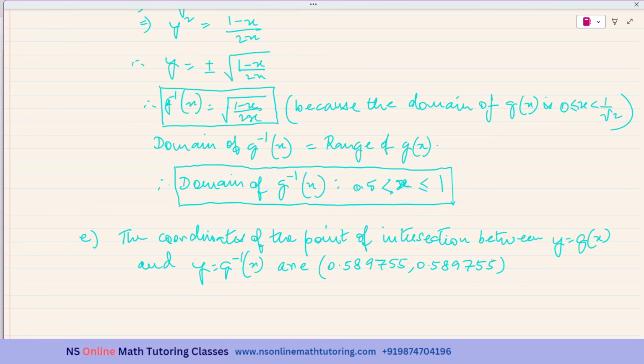And we need the x-intercept of y equals g inverse of x, which is x equal to 1, or the point 1 comma 0. So we had needed these two.